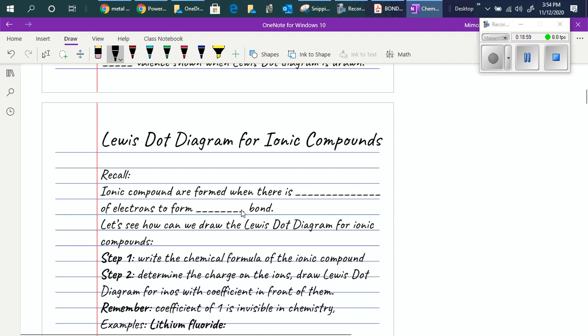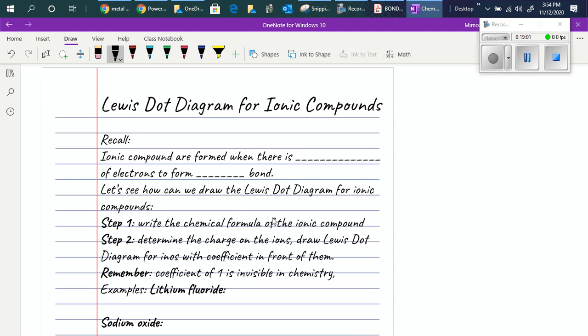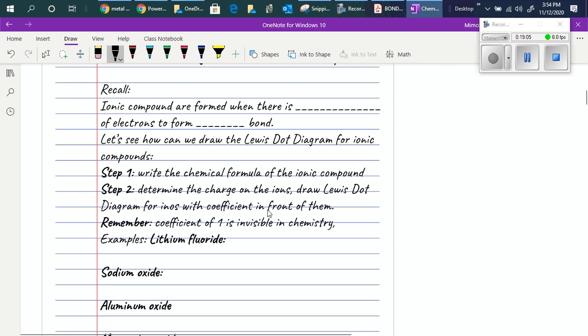And now let's see how we can draw the Lewis dot diagram for an ionic compound. Let's recall what ionic compounds are. What is happening during an ionic compound is that a metal is combined with a non-metal.